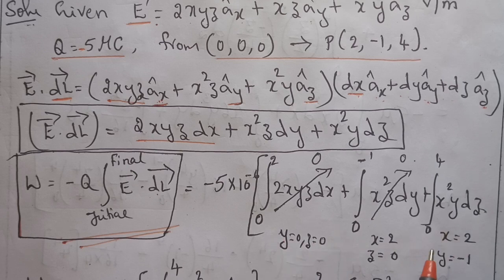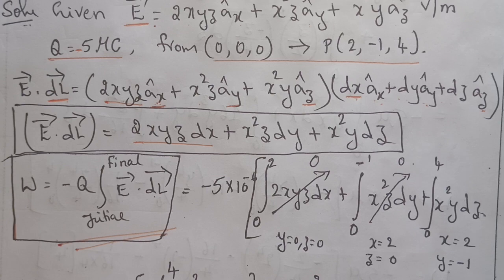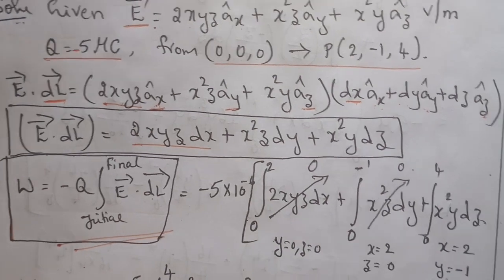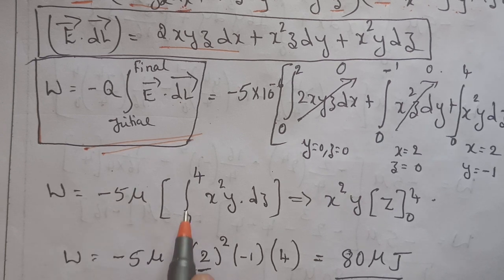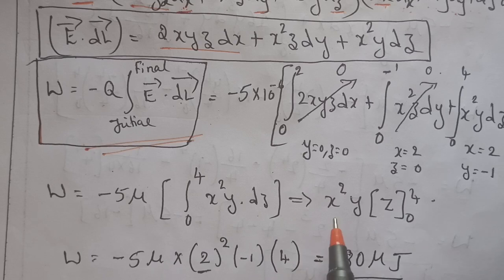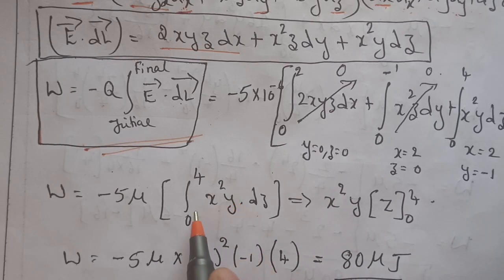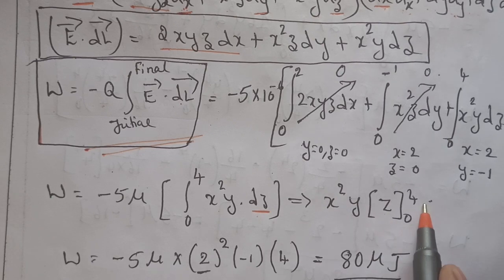If you simplify and integrate, you get work done equals minus 5 microcoulomb times the integral from 0 to 4 of x squared y dz, which equals x squared y times z, since the integration of 1 with respect to z is z itself, from 0 to 4.